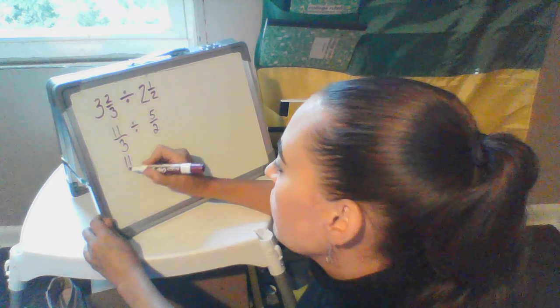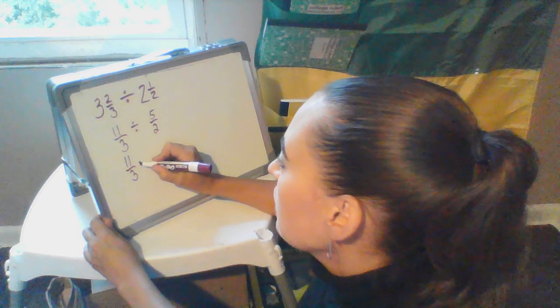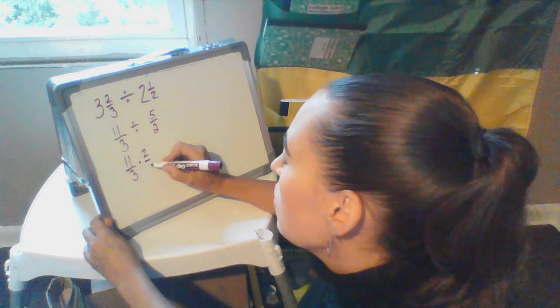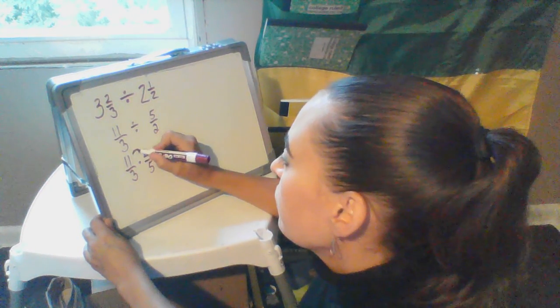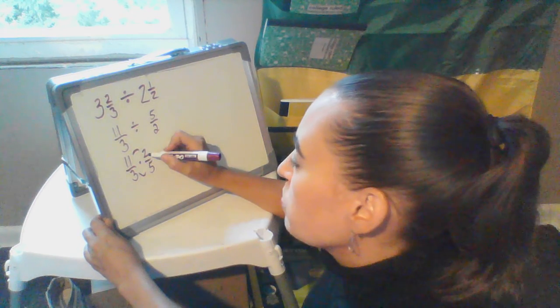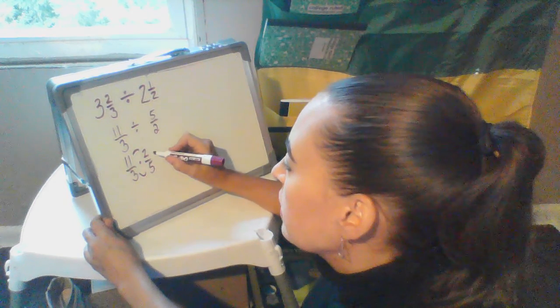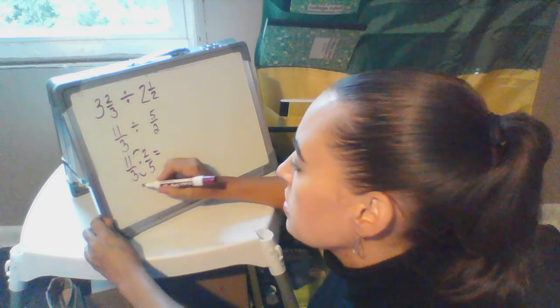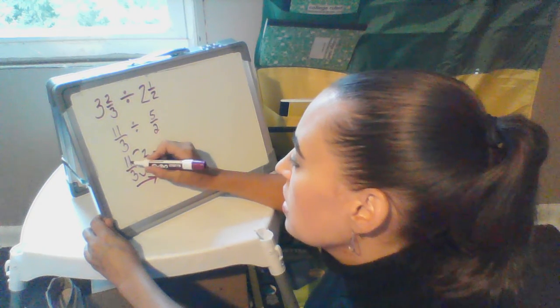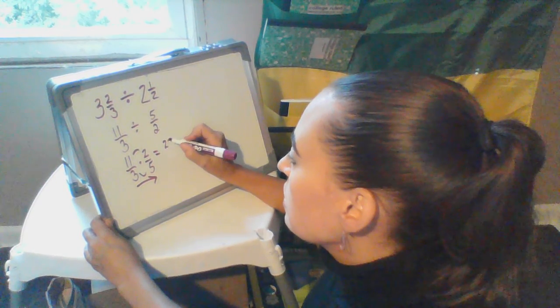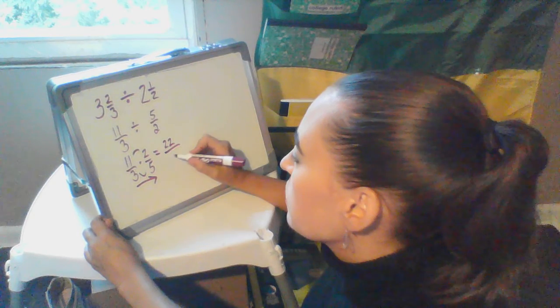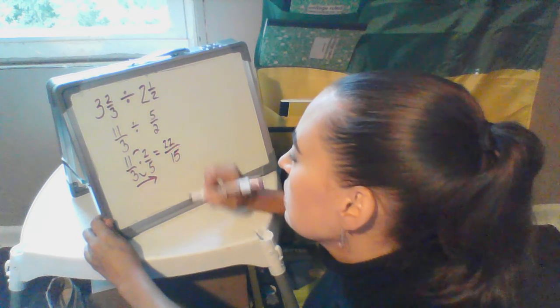So 11 over 3 times 2 over 5. Now the next step is we're just multiplying the numerators, and then we're multiplying the denominators straight across. We're going straight across. 11 times 2 is 22. 3 times 5 is 15.